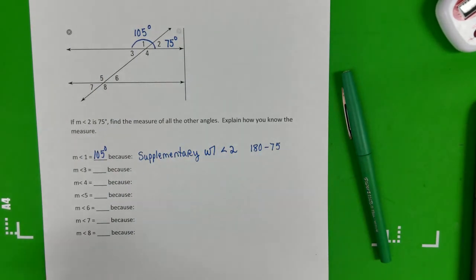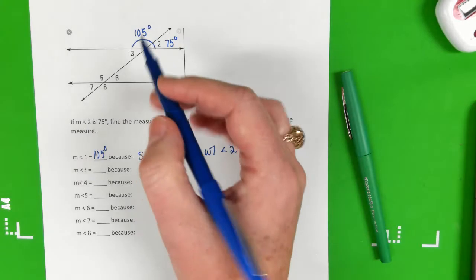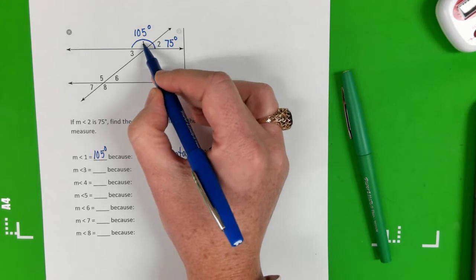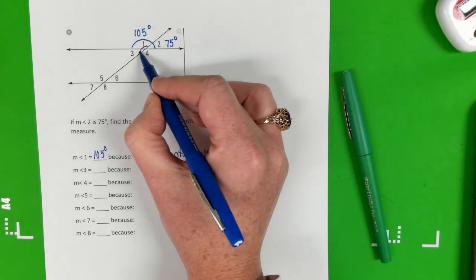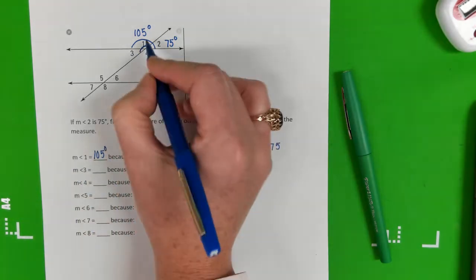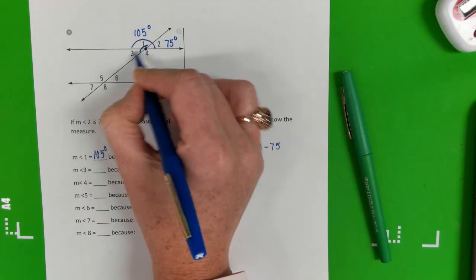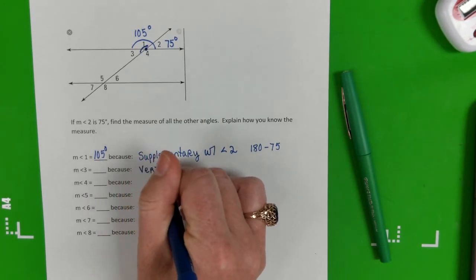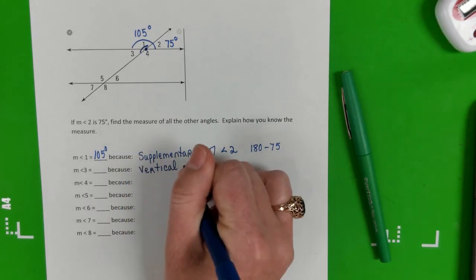Okay, now angle 3. Let's check out angle 3. So we have a lot of different things we could say for angle 3. We could say that it's supplementary with angle 1. I also want you to notice, here's my vertex. Angle 2 and angle 3 are vertical angles.